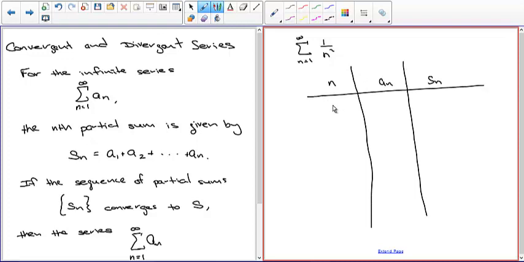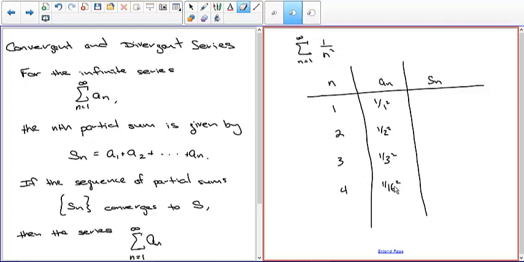At n equals 1, a sub n is 1 over 1 squared. At 2 you get 1 over 2 squared, and at 3 you get 1 over 3 squared, and so forth. 4 is 1 over 4 squared, that's 1 over 16.